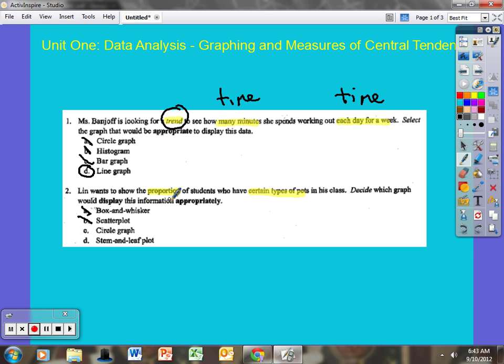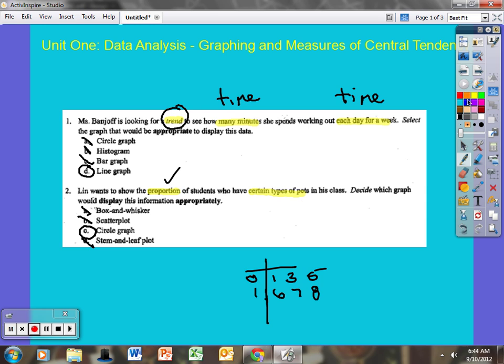Think back to stem and leaf. It looks something like this, where I have 1 kid, 3 kids, 5 kids, 16, 17, 18. That's not really going to show me what proportion of the students. When I think of proportion, I think percent. When I think of percents, I'm always going to go with a circle graph. So that'd be the correct answer there.